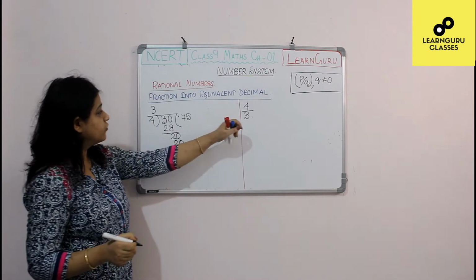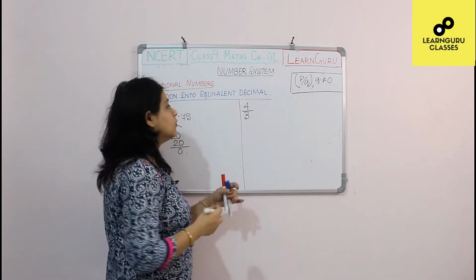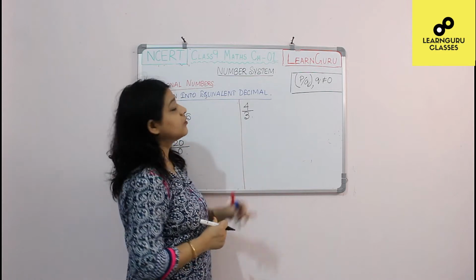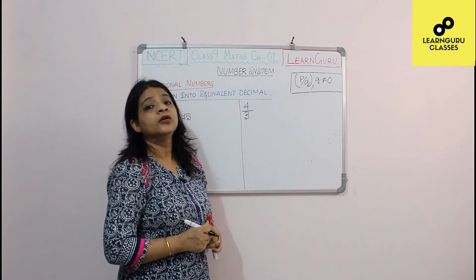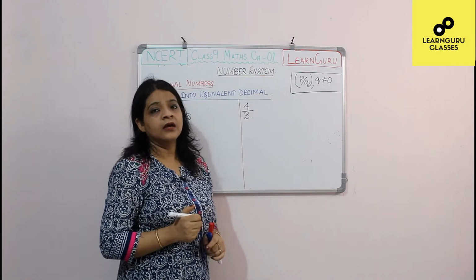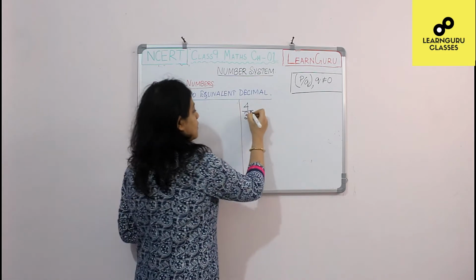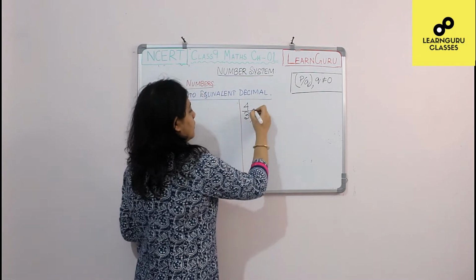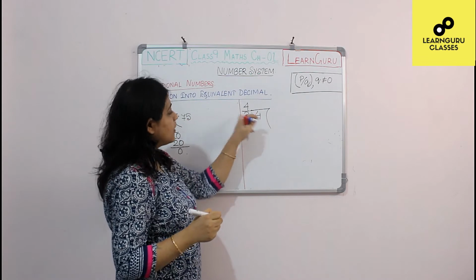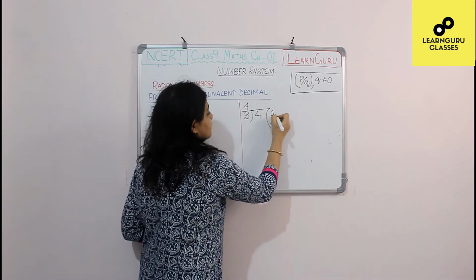Okay, now go to this expression. Again I am telling you, to convert a fraction into equivalent decimal expansion, you have to divide the numerator by the denominator. 4 divided by 3. So 4 is greater than 3. So 3 ones are 3.